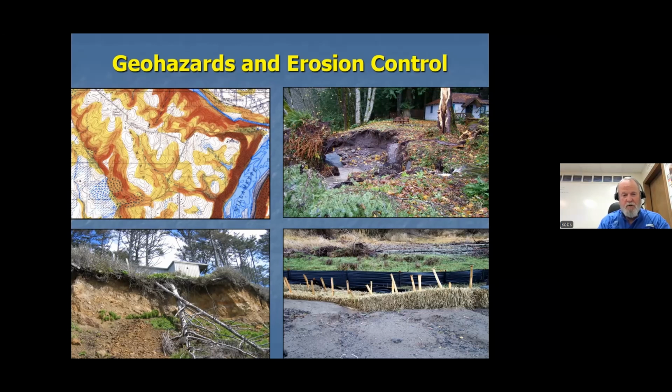You can see where the trees have fallen that were once there. And the lower right, there's some erosion control measures, the sediment fence, and they're showing some straw bales. It's not as common to use straw bales as once was, but there are various techniques for erosion control.